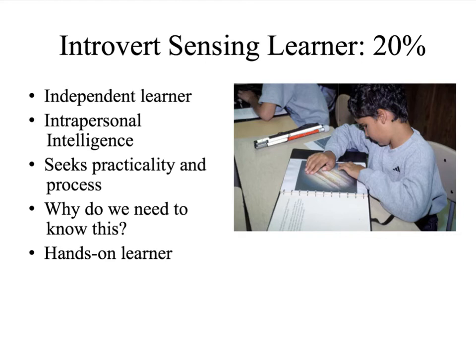They do seek practicality and application, so they are always asking that, why do we have to know this kind of thing? And they do tend to want to learn in more of a hands-on kind of way. They're not as intuitive, not as abstract, much more practical, but really have practical tendencies while working by themselves.